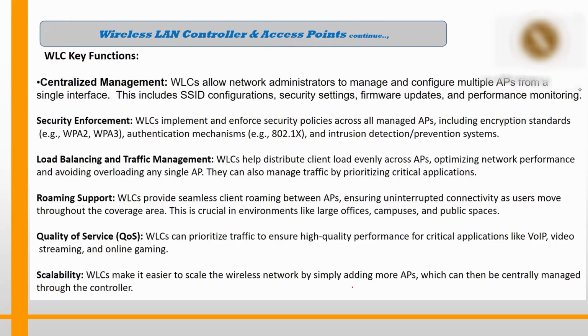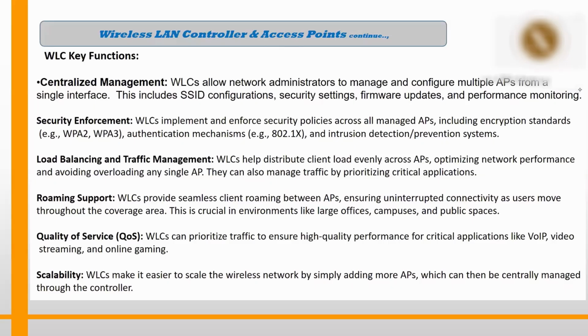If you have a single AP, it works in a very disconnected manner. When you have multiple APs connected to the WLC, you have a centralized architecture. So it is very smooth compared to a single AP working independently.